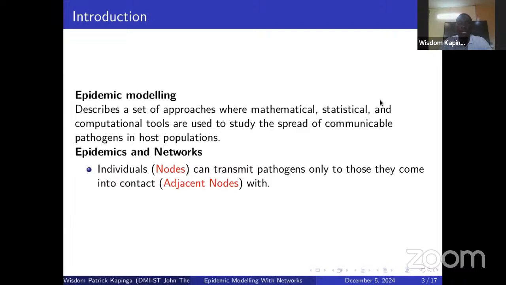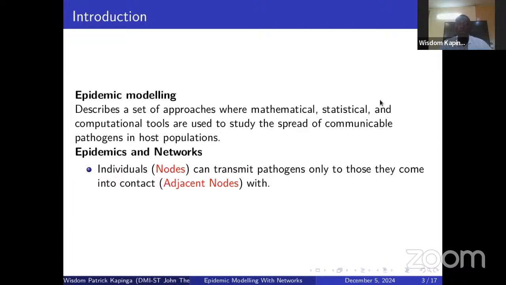A system where you have nodes and links that connect these nodes, we call a network. In computer science, we refer to a whole system of computers connected together as a network. But in mathematics, we look at these computers as nodes, and the links as connections between different gadgets or devices.